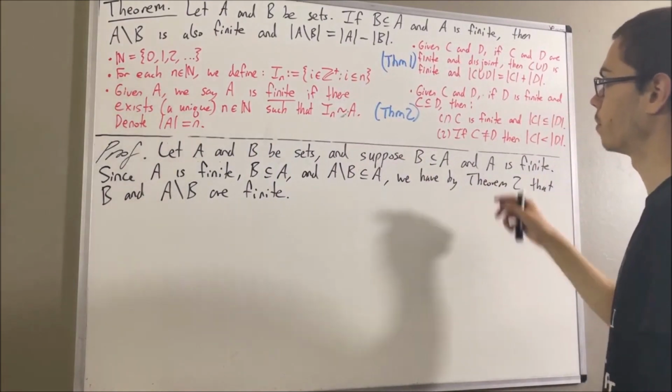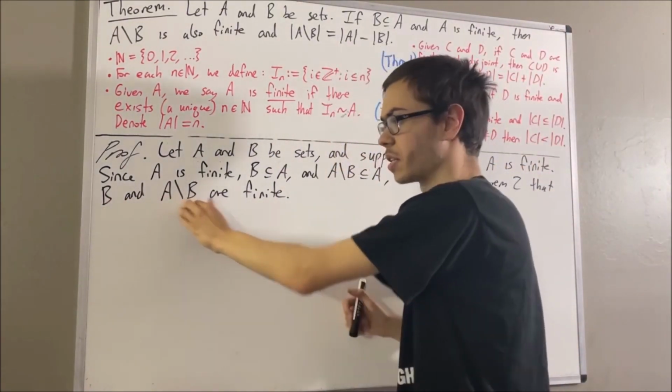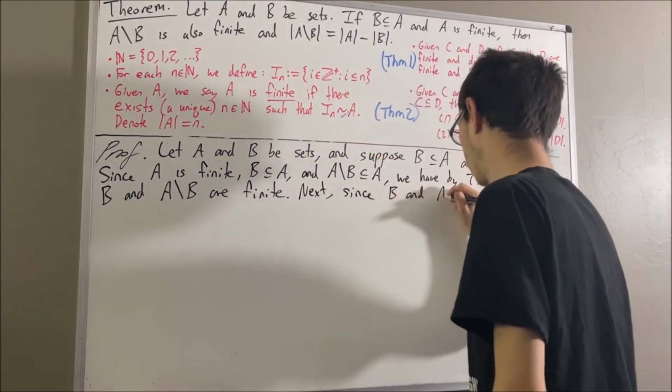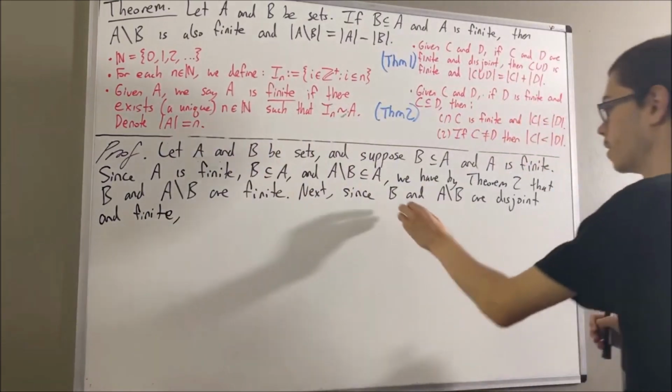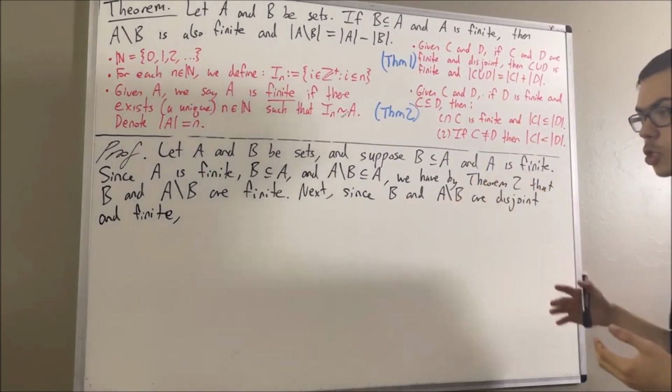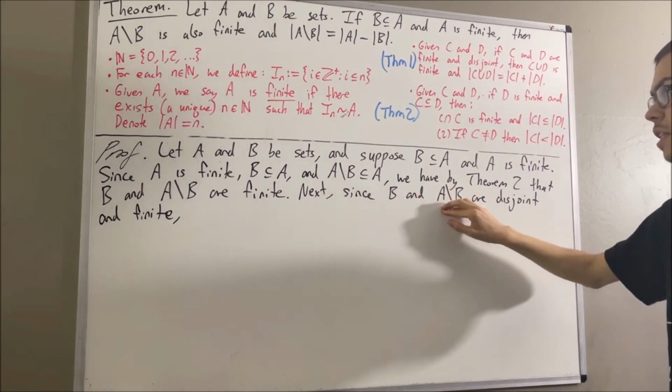And next, we can apply theorem 1, since B and A set minus B are disjoint. Well, since these two sets are finite and disjoint, we have by theorem 1 that the union of those two sets is also finite.